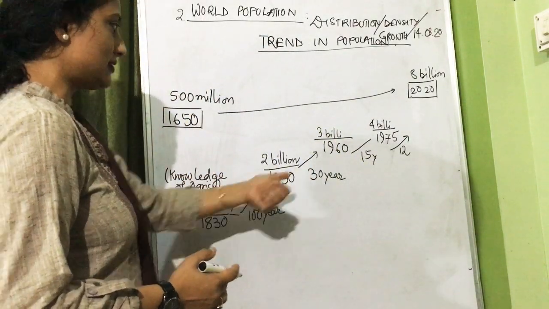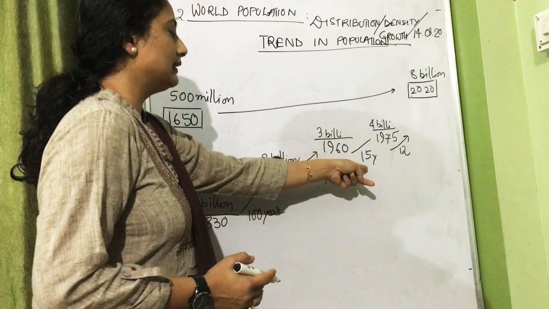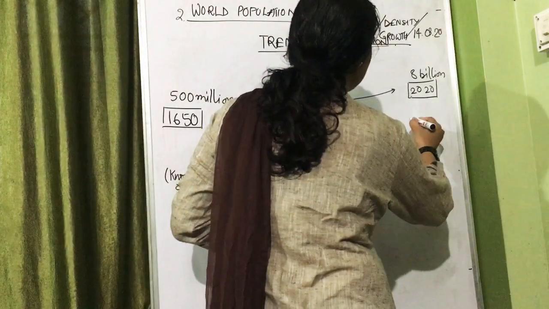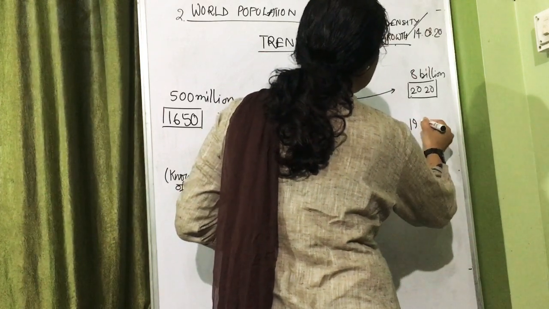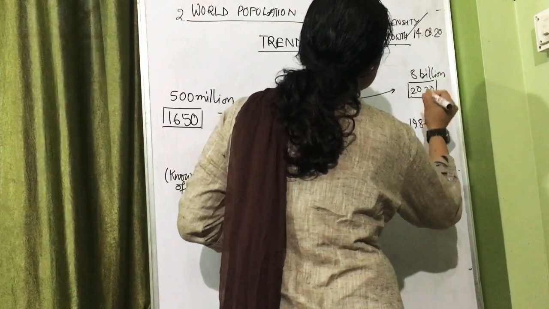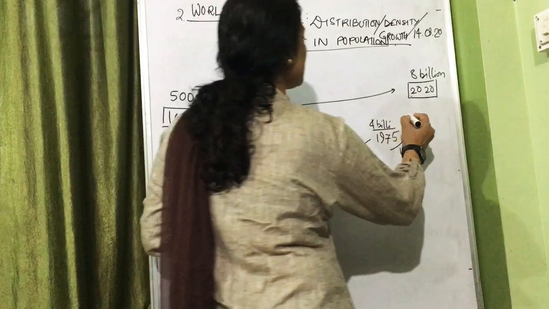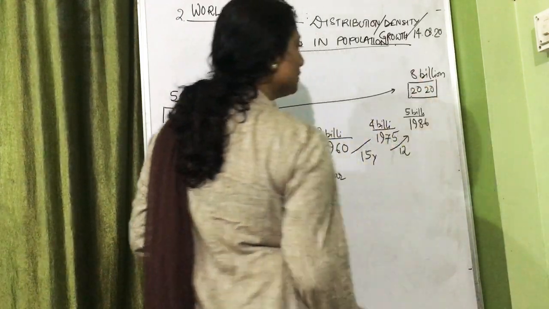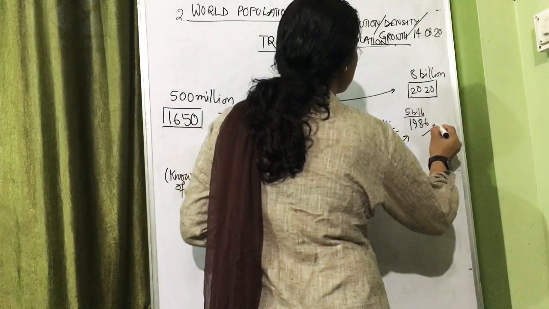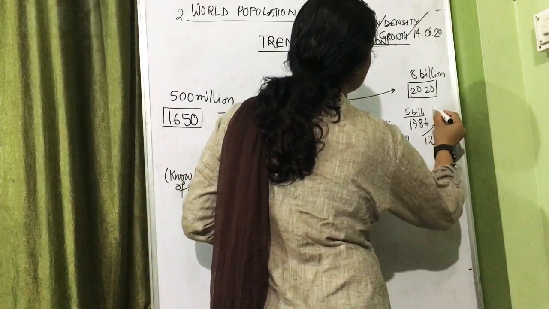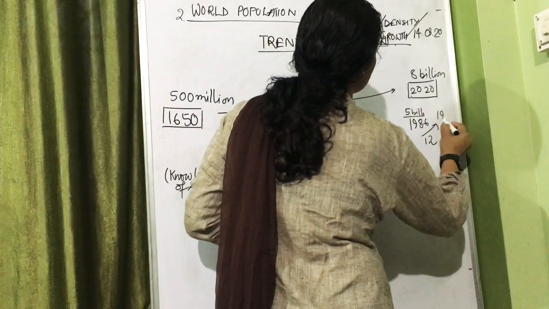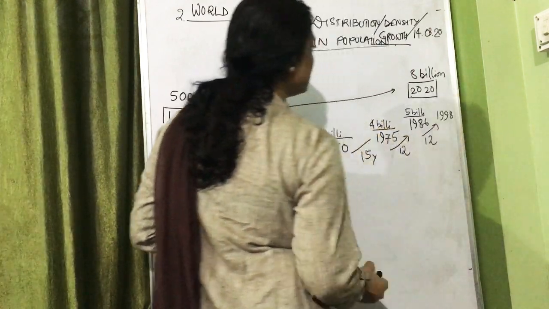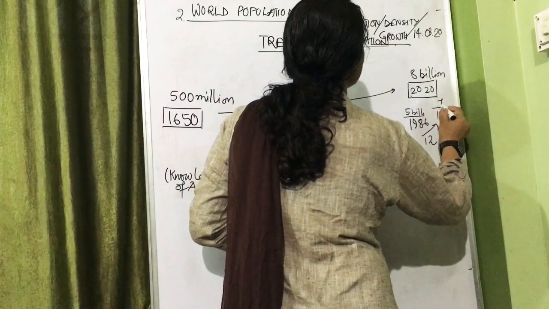First it took 100 years, then 30 years, then only 15 years, and then 12 years, and we reached 5 billion in 1986. Again after 12 years, in 1998, it reached 6 billion.